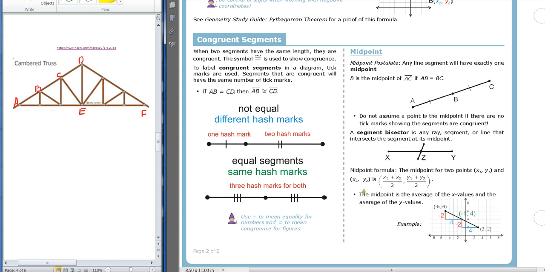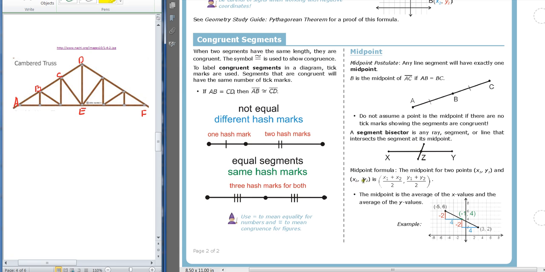But in this, when we're trying to find where this midpoint is, we can look at the XY coordinates. For example, if I said C to E is the same as this line segment here, I could find the midpoint of this line by using this formula.